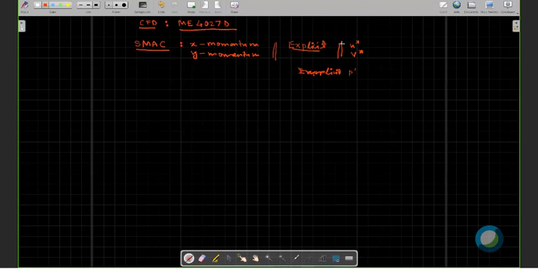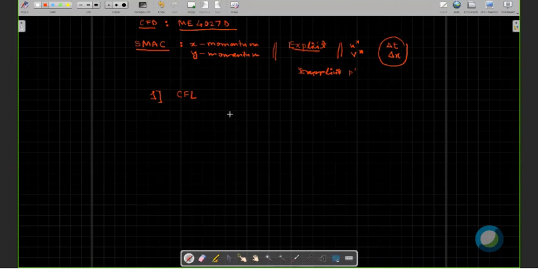Now, when you are calculating this u prime and v prime, you might need to take delta t, and also you might need to take delta x. These delta t, delta x conditions, we know that there are conditions. So number one condition, which comes from the convective terms, is called the Courant-Friedrichs-Lewy number, CFL criteria.